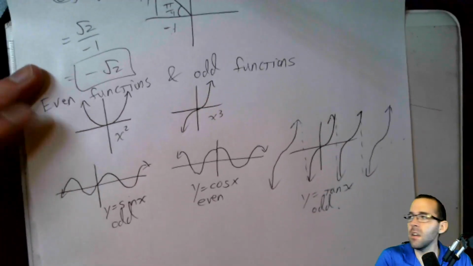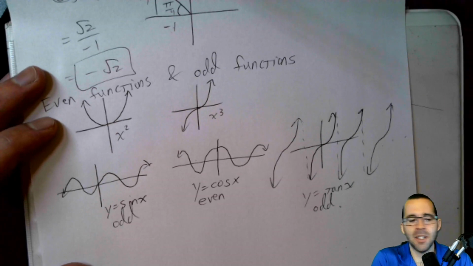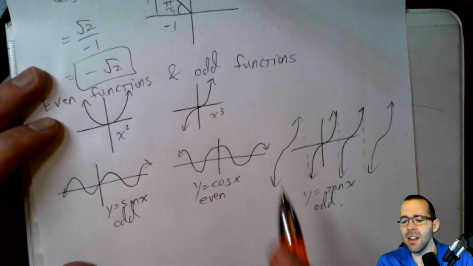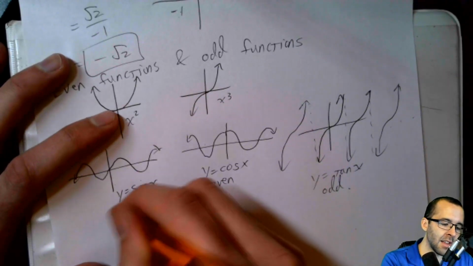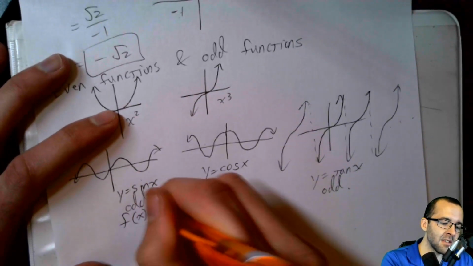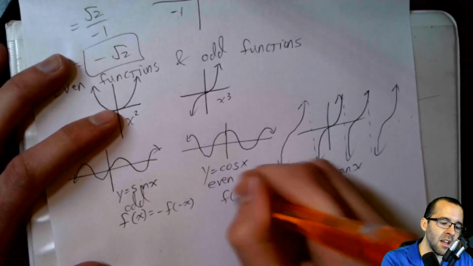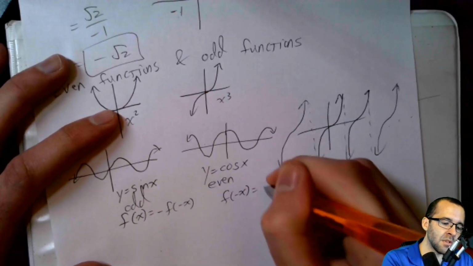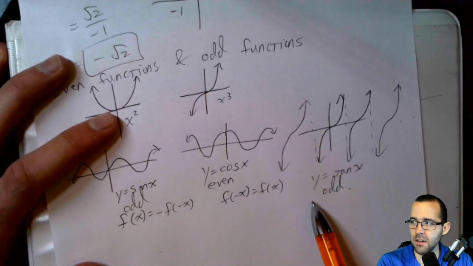Okay. So a lot of people may forget what the definition of even and odd means. We just think of symmetry, but mathematically what symmetry means is that if it's odd, then f of x equals negative f of negative x. And if it's even, then f of negative x equals f of positive x. This is one definition for even and odd.